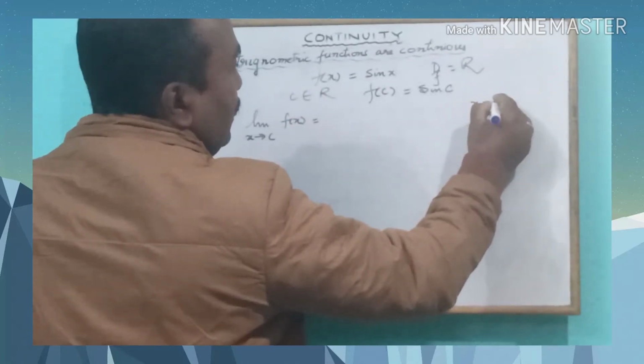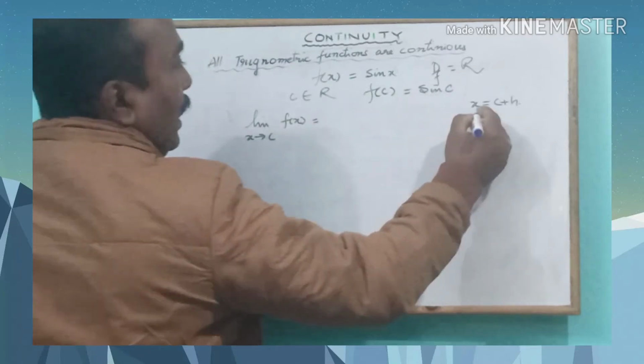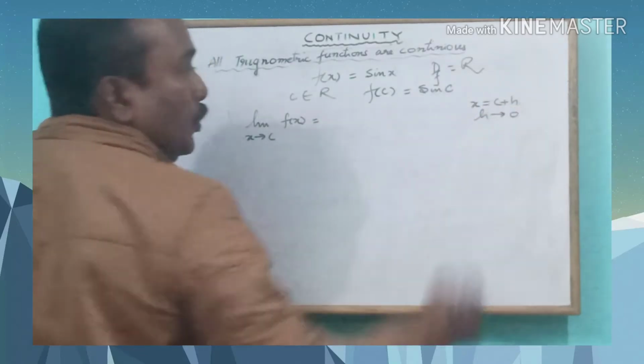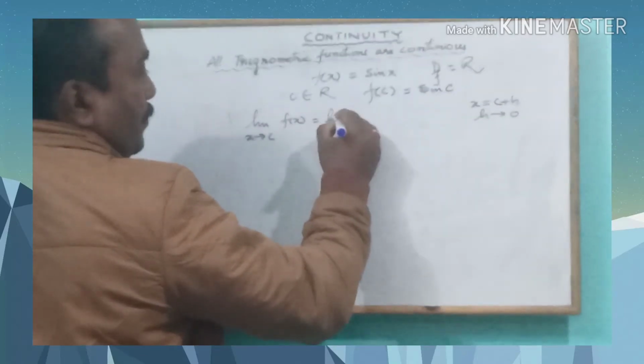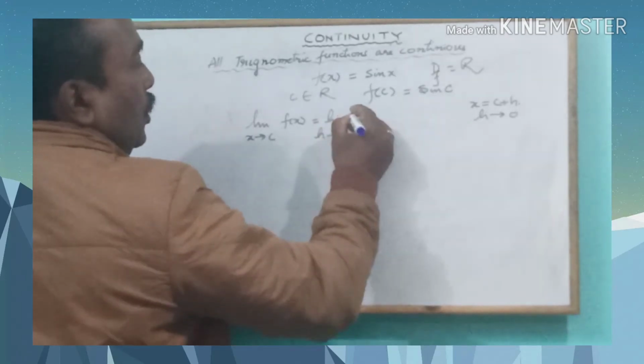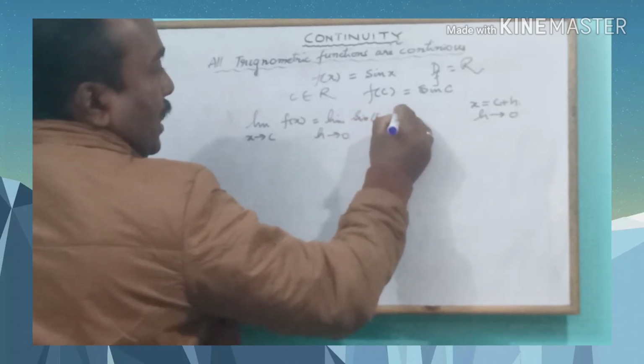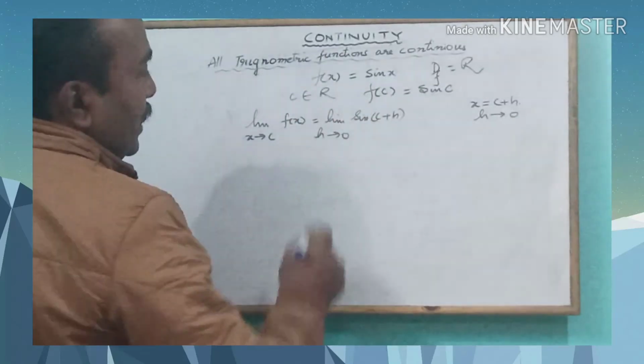Let x is equal to c plus h when h tends to 0. So, limit h tends to 0 of sin(c plus h). In place of x we put c plus h.